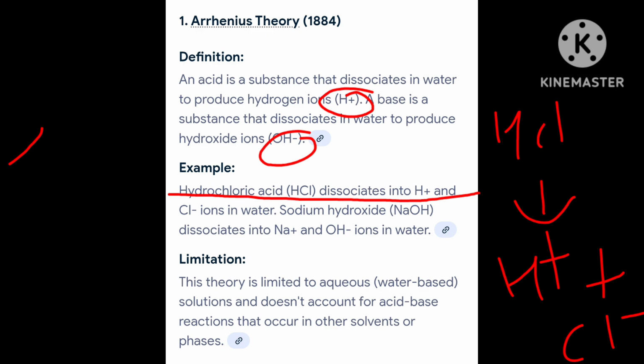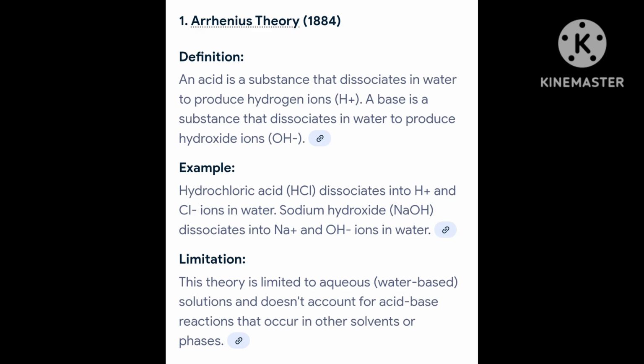For example, HCl gives H+ and Cl-; it donates H+ ions, so it is known as an acid according to the Arrhenius theory.